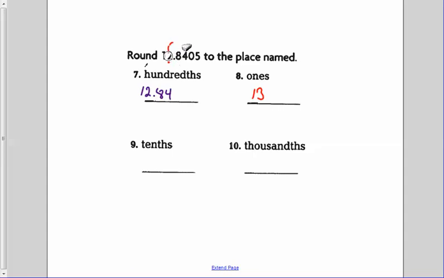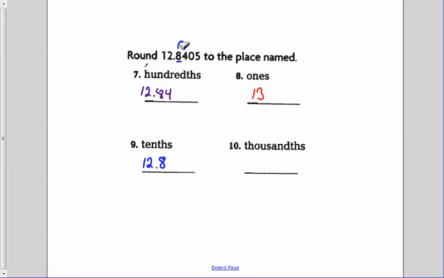Let's try again with our tenths. So our tenths place would be our 8. We look to the digit to the right, and it's a 4. So this would be 12.8, because the 4 is less than 5. So that means we have to round down. So we would just leave it as 12.8.